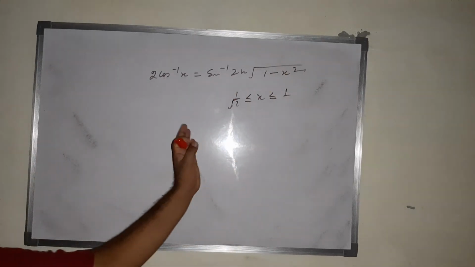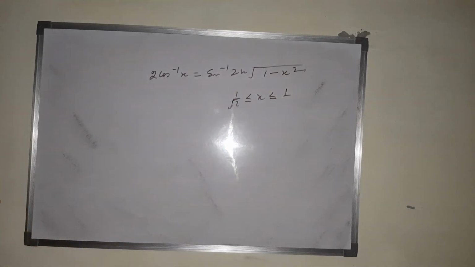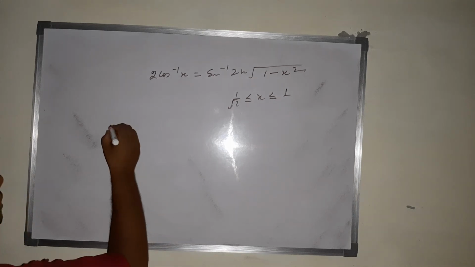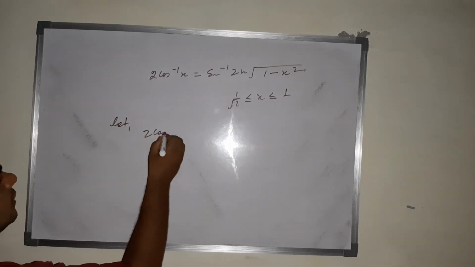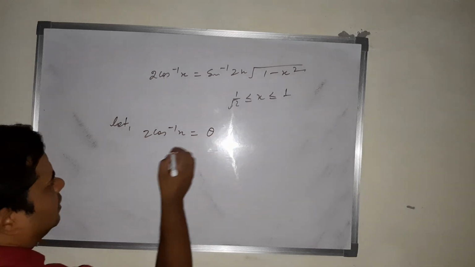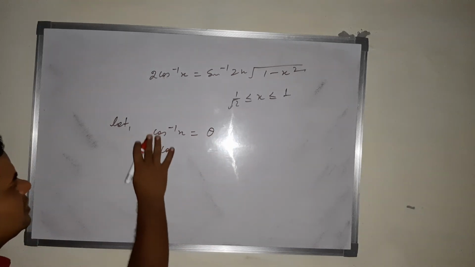That is, x belongs to the closed interval from 1 by root 2 to 1. For this, let cos inverse x be equal to theta.